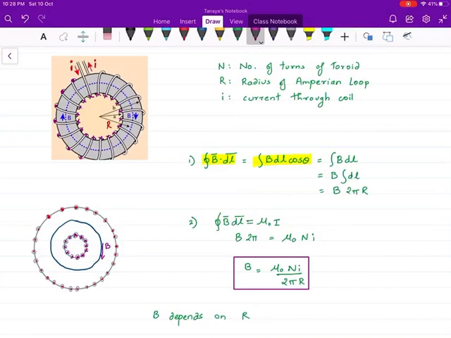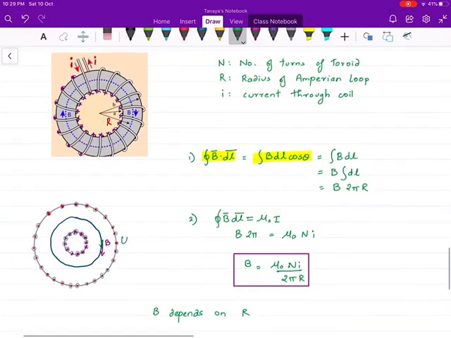So similar to a solenoid, we get the direction of B. dl is a small length, so it is also acting in the same direction. So theta is equal to 0, so cos theta is equal to 1. So this becomes the integral of B dl.